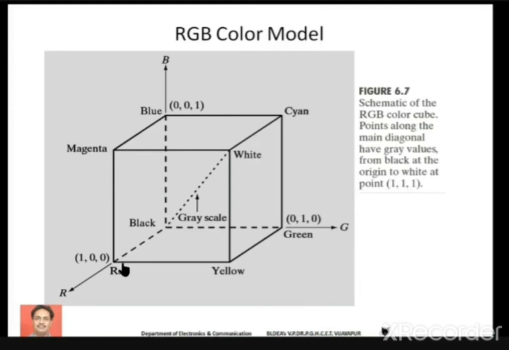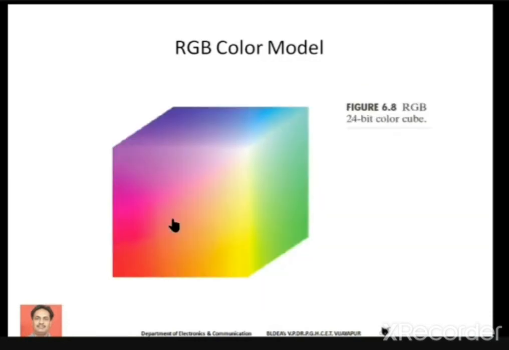The line joining black and white is called grayscale. All other colors in the RGB color model reside inside the cube, and they can be defined as vectors extended from the origin of this color cube. Okay, and this is the RGB cube.